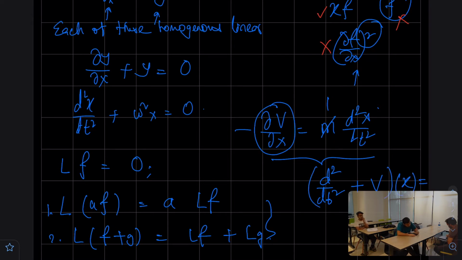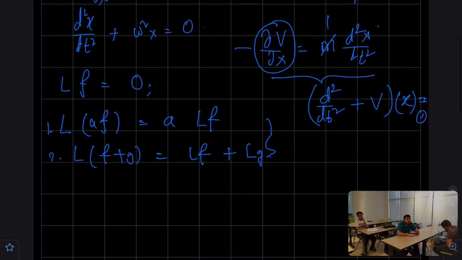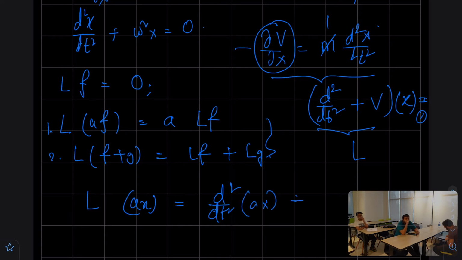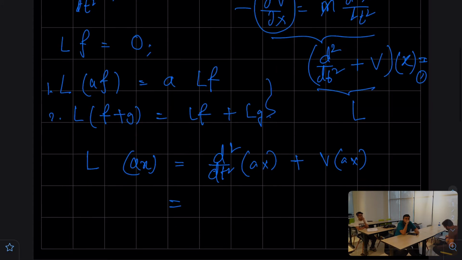Now we can test linearity of this thing. This is our L. If I multiply a times x and take L on it, that means d²/dt² of ax plus V of ax. So this is this, no?